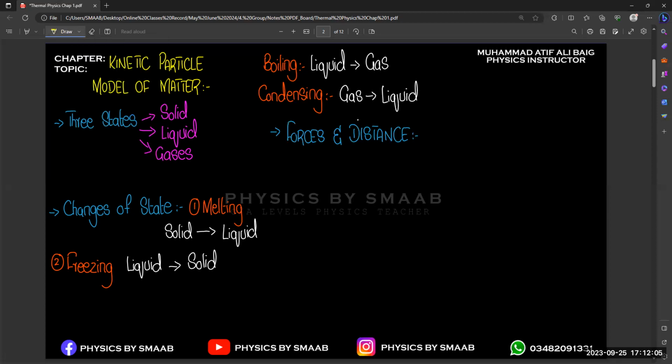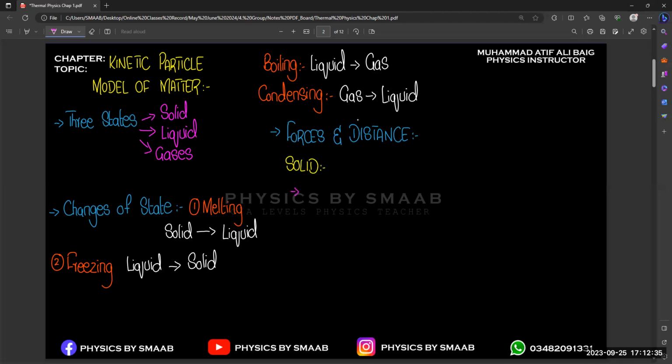In solid, we have a fixed shape, fixed volume, right? So first of all, let's consider the solid material. In the solid state of matter, you know that particles are very close to each other.